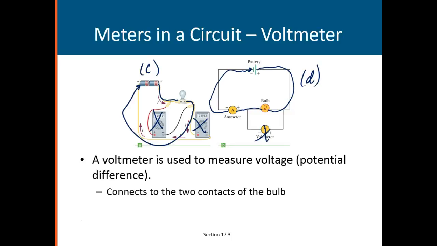It just measures how many amps are going through there, but it leaves the positive side, goes through the bulb, through the ammeter, and then back to the negative side of the battery. For sure, no problem there. So it should be C and D. Let's see what the answer is. C and D, good for them, they got it right.